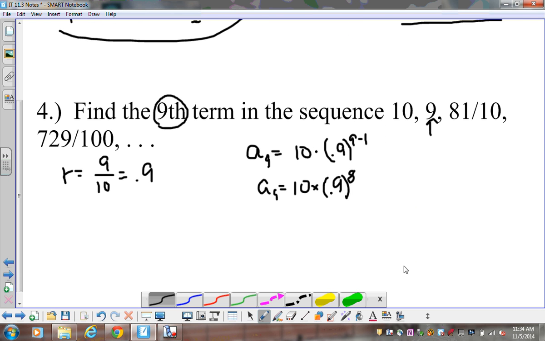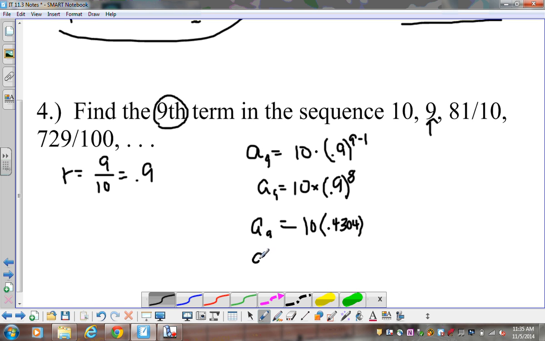All right, so we're just going through, simplifying each step. Now 0.9 to the 8th power, let's write this out. So a sub 9 is going to be 10 times 0.9 to the 8th power, which is approximately 0.4304. Cool.